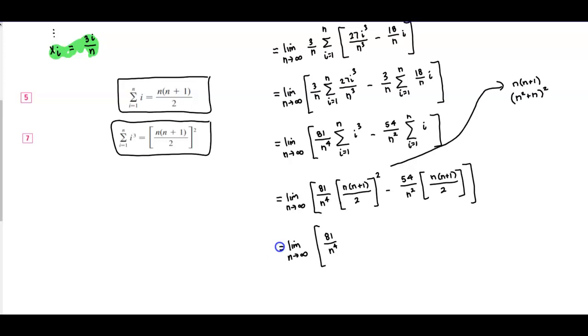When we square that, we end up getting n to the fourth plus 2n cubed plus n squared over that 2 squared, which is going to give us 4. And then minus 54 over n squared times n squared plus n over 2.